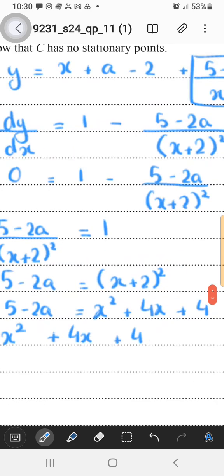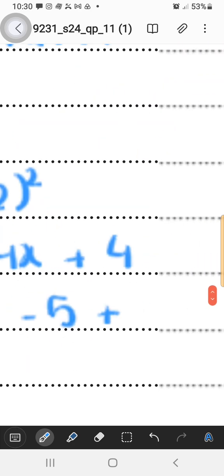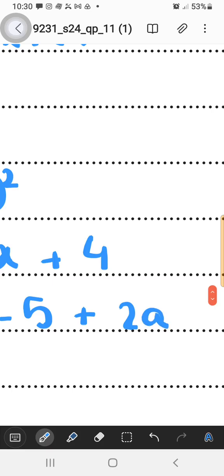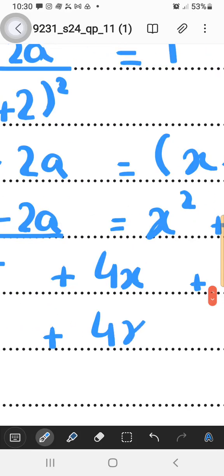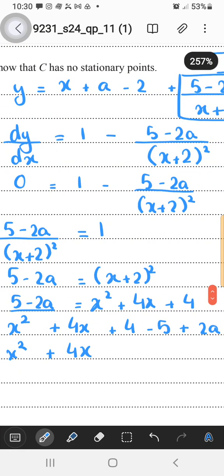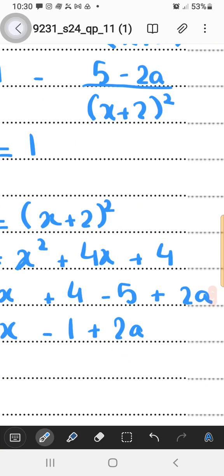Then we will shift 5 minus 2a to the right. It becomes negative 5 plus 2a. So it will become x square plus 4x, and 4 minus 5 becomes minus 1, plus 2a equal to 0.